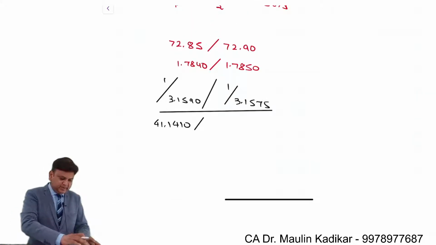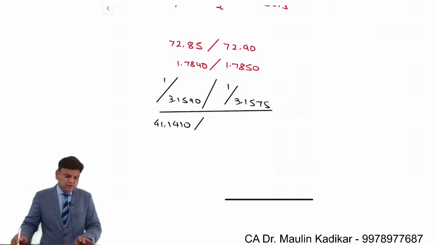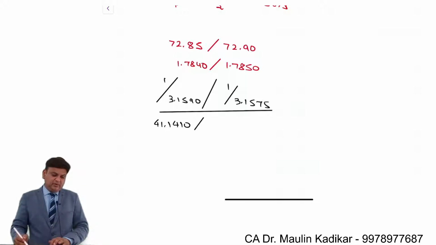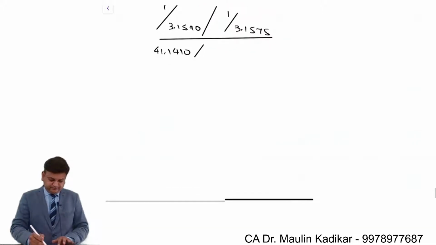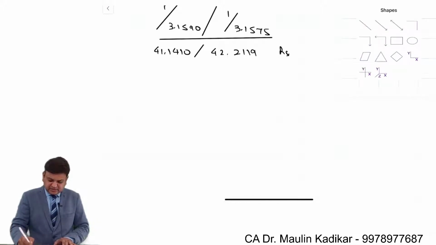Then 72.9 into 1.785 divided by 3.1575. So 41.2119 rupees per Singapore dollar.